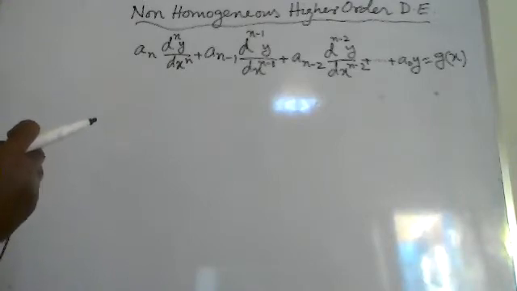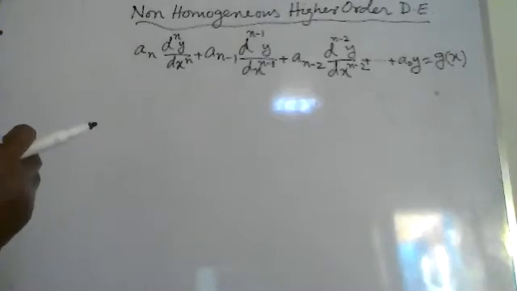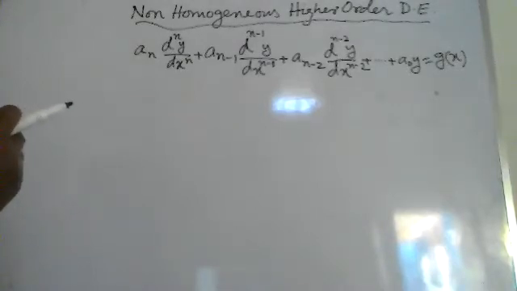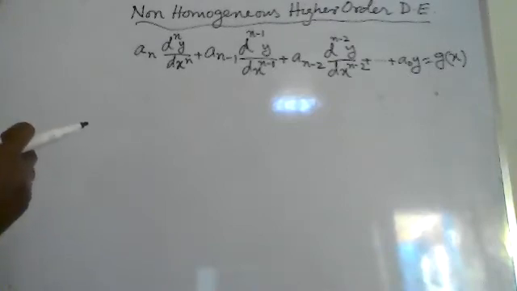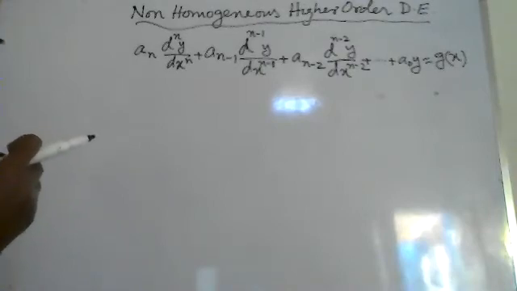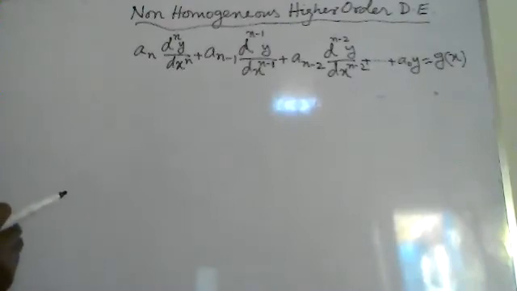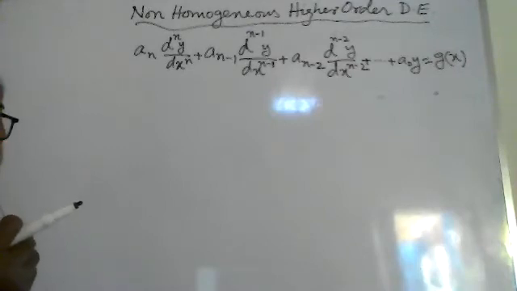So how to solve? When we solve them, there are two parts. One will be done as usual, as we have done the homogeneous equation. We will convert them into the homogeneous equation. That means on the right side, instead of g of x, we will put 0.